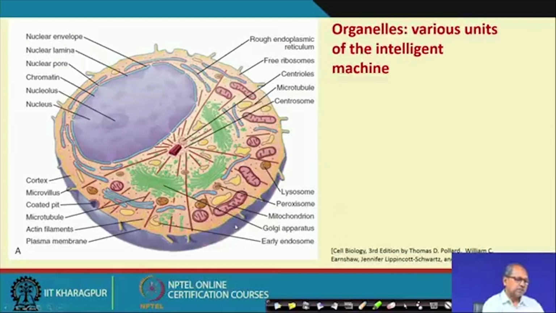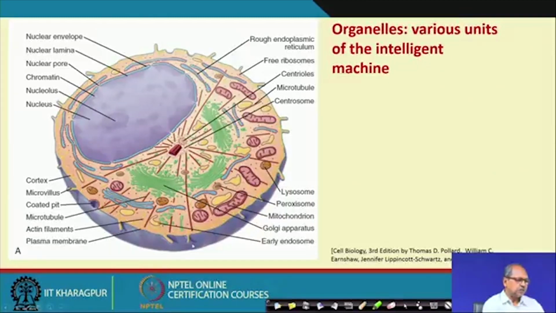Its composition is mainly 40 to 60 percent protein and lipids, and it harbors a lot of proteins which act as receptors, transporters and ion channels, by which it can exchange material from outside to inside.